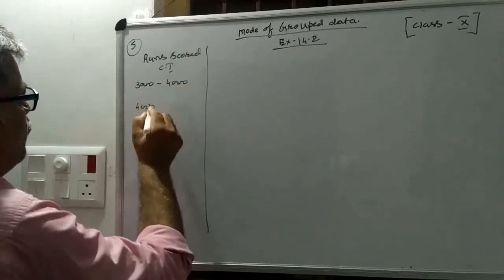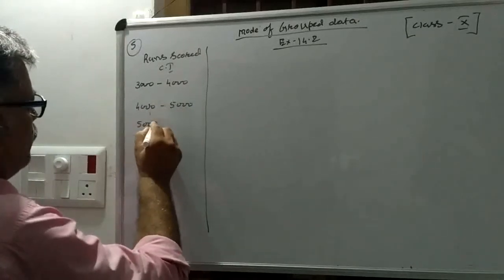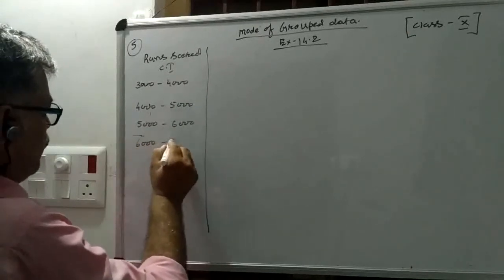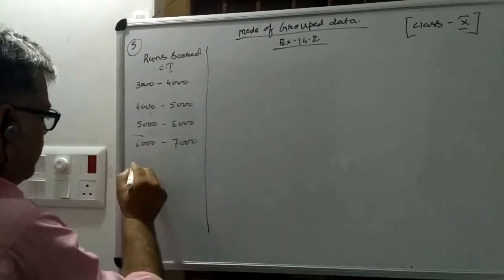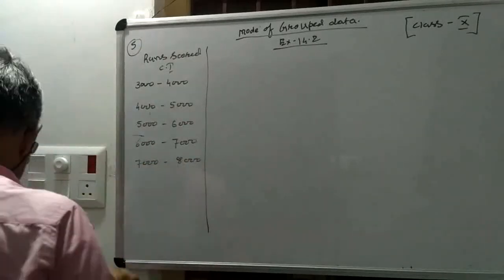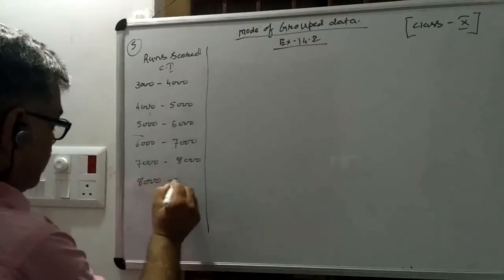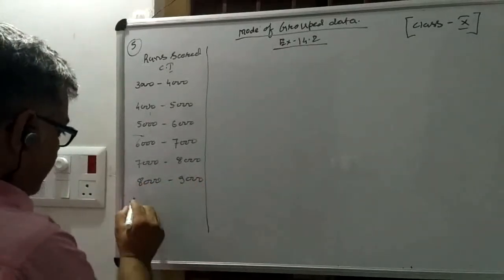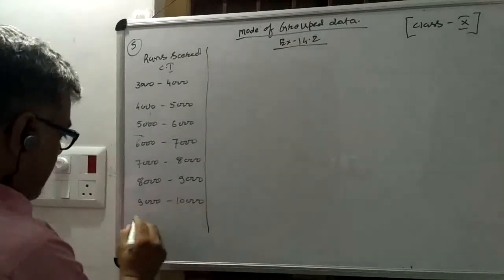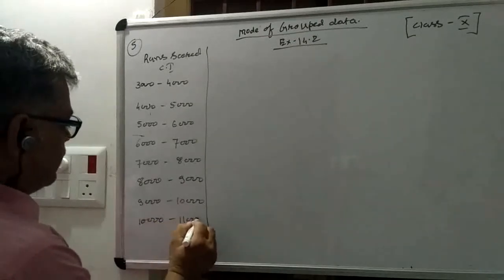4,000 to 5,000, 5,000 to 6,000, 6,000 to 7,000, 7,000 to 8,000, 8,000 to 9,000, 9,000 to 10,000 and 10,000 to 11,000.